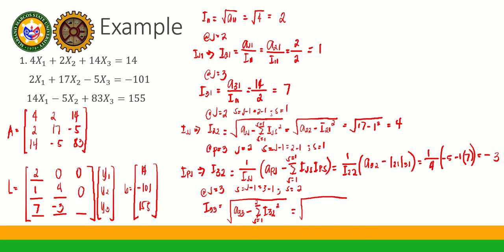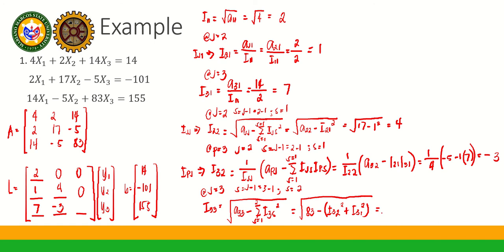So, this will be equal to 83 minus, what we should write here will be IJS, provided that J is equal to 3, so I3S, since only S changes here. So, since it is a summation, we can just add the elements. The elements we will add, squared, starting with the upper limit, will be I32 squared, since S is equal to 2, plus I31 quantity squared.